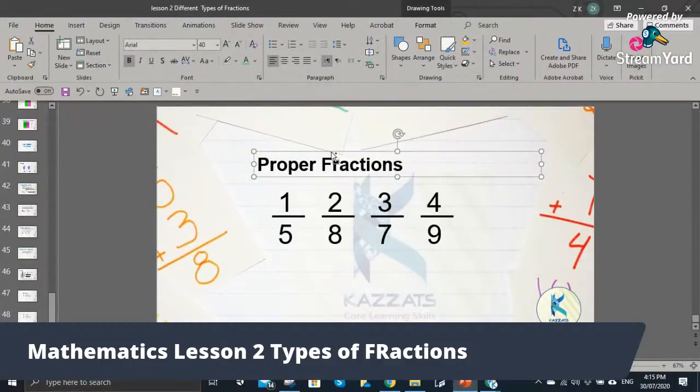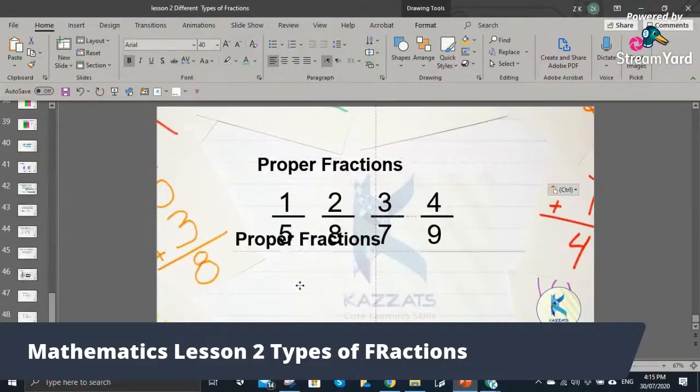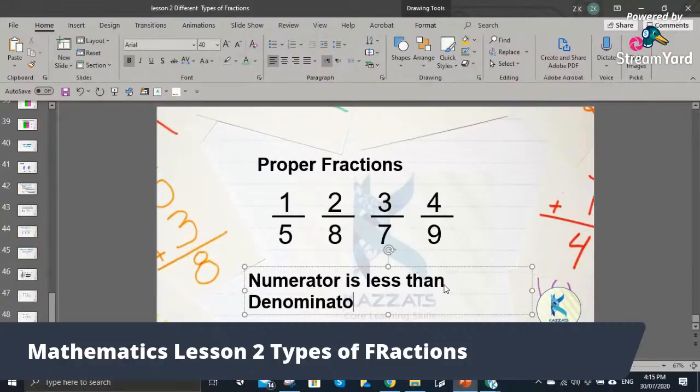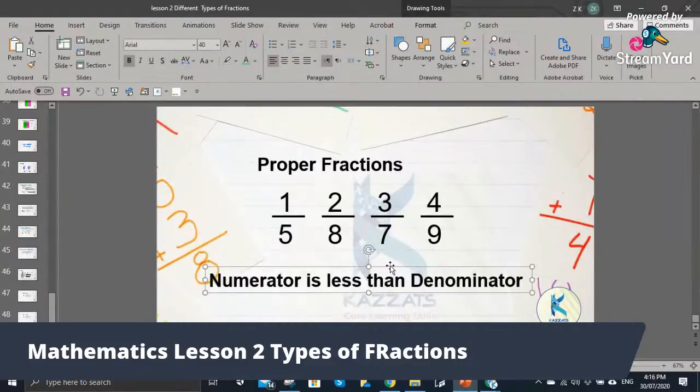Please remember the rule that if your numerator is less than the denominator, then it is called a proper fraction. Clear?